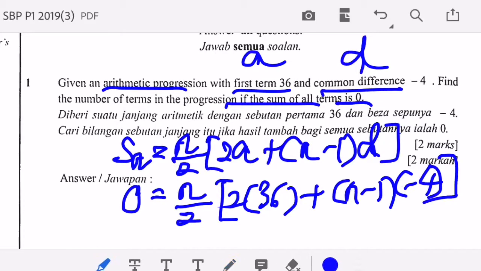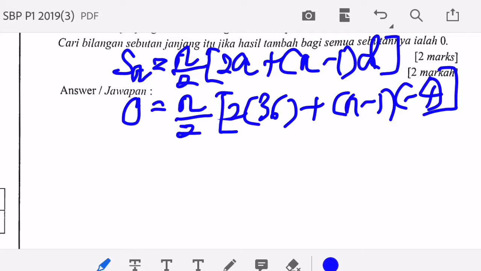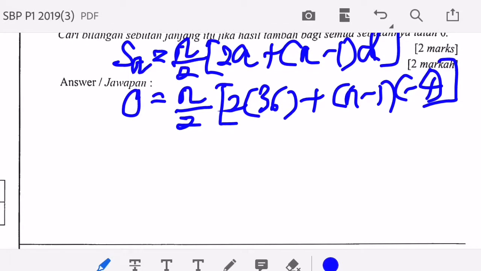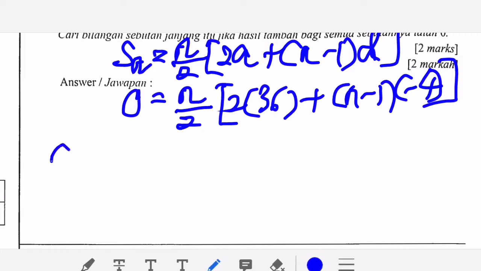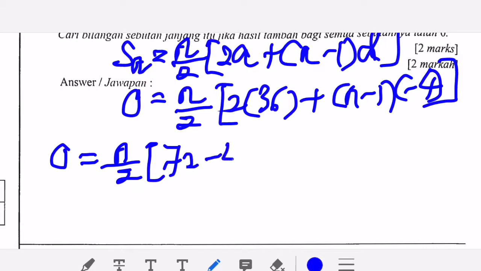You need to be very careful because the common difference is negative. Now to solve this, we focus on the bracket first. The left hand side is 0, n over 2, 2 times 36 is 72, -4n plus 4.